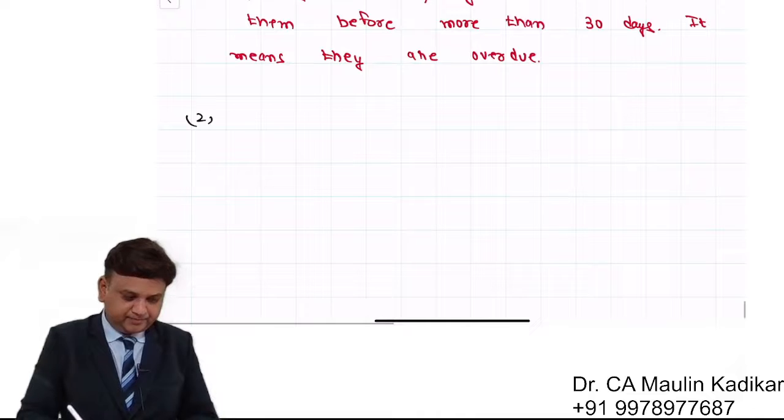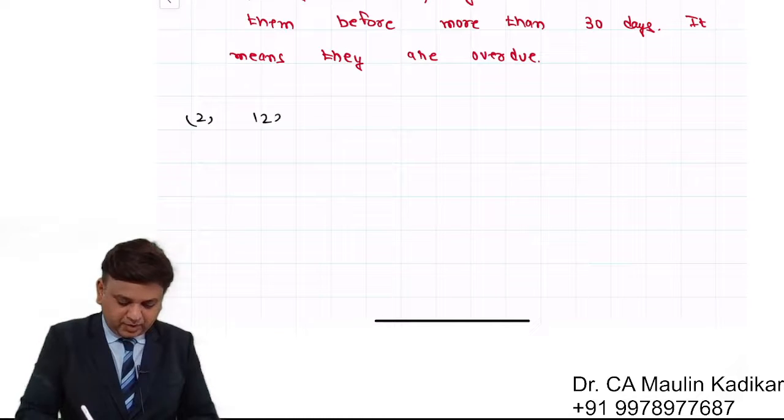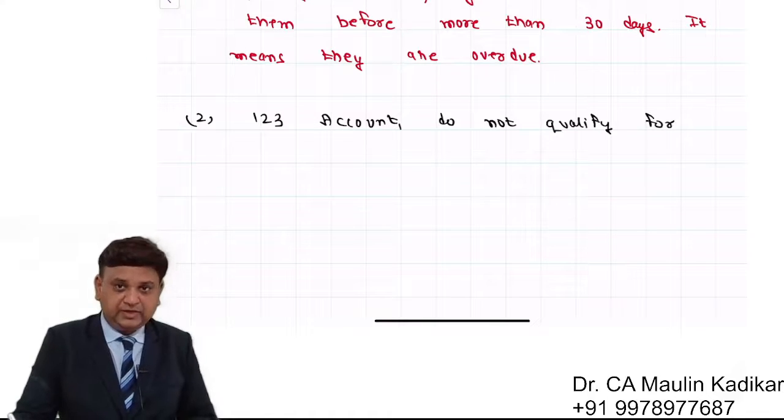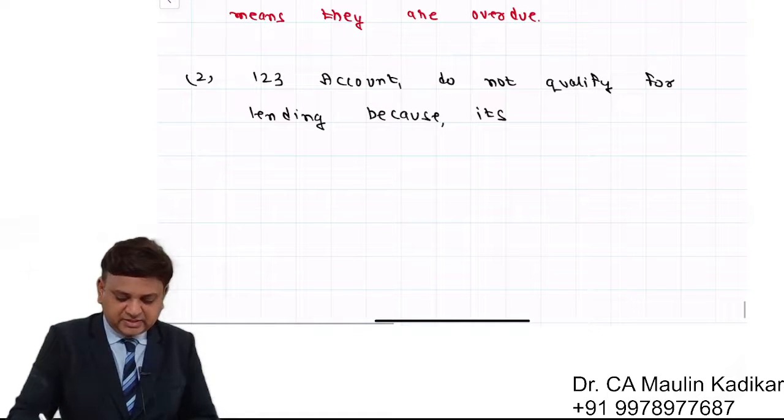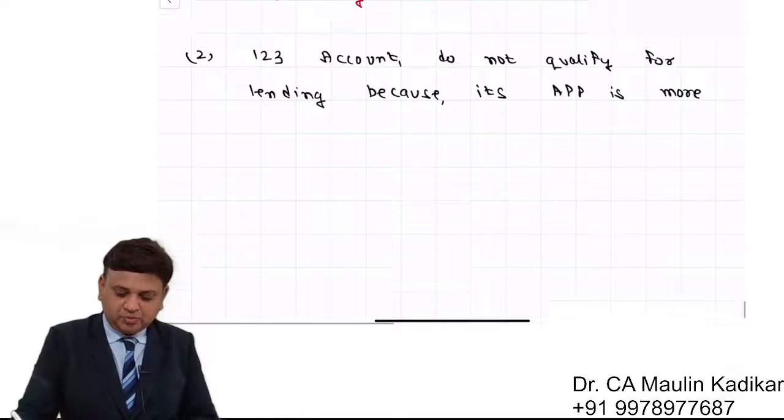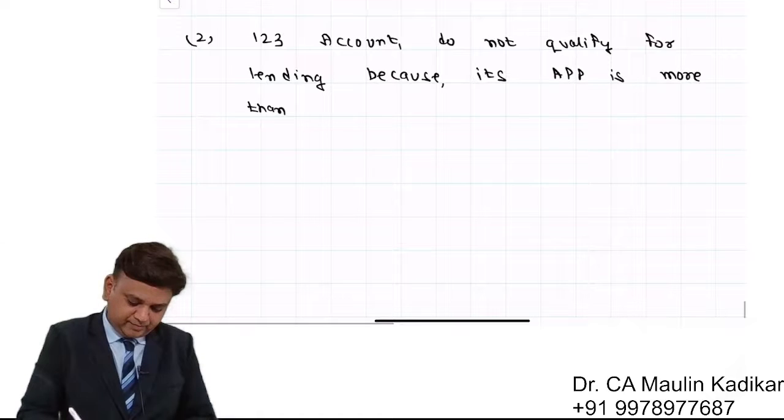Second point, 123 account does not qualify for lending because its average payment period is more than 40 days.